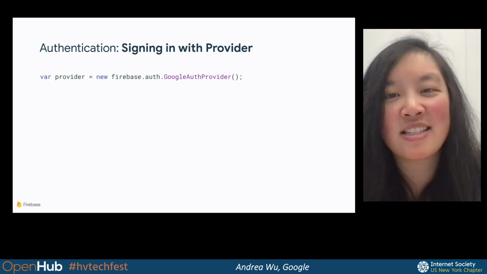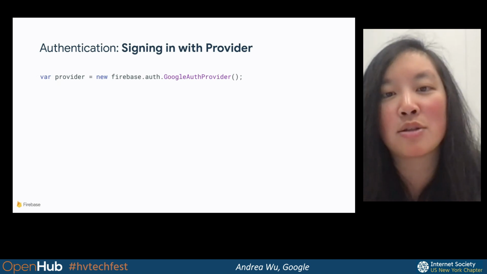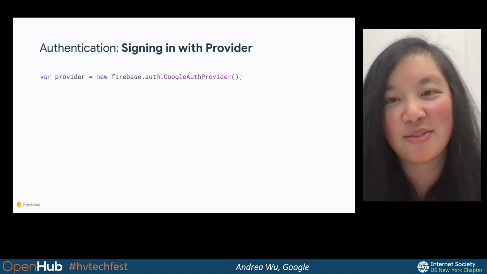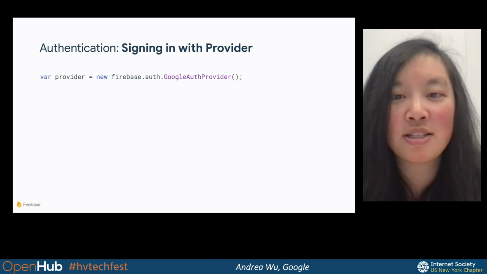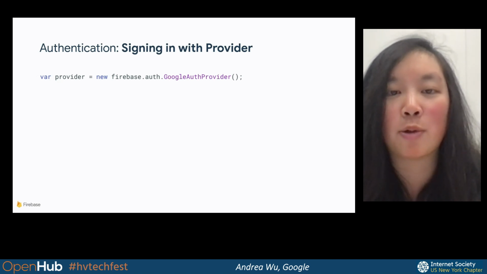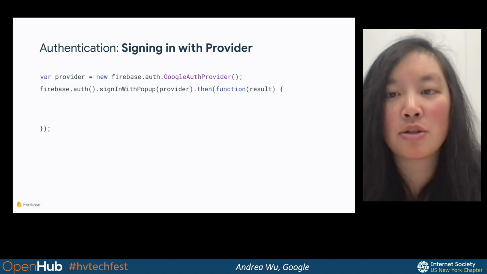So first, as shown here already on the screen, we need to create an instance of the Google provider object, which says we basically want to use Google to sign in. And if you wanted to use Facebook or Twitter or GitHub or something else, you could use those respective providers here. And next, we'll make the user actually authenticate. There's two ways to do this.